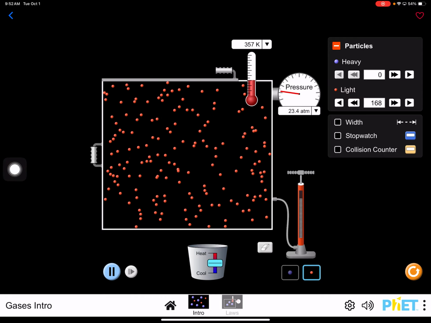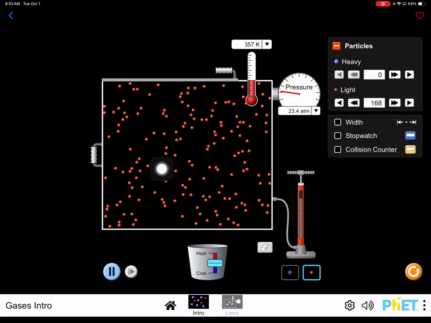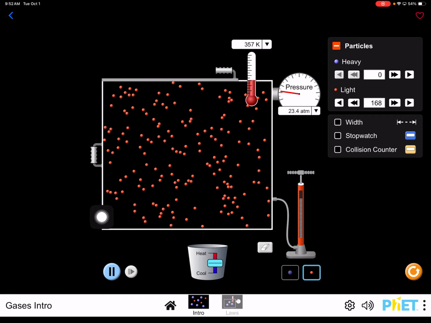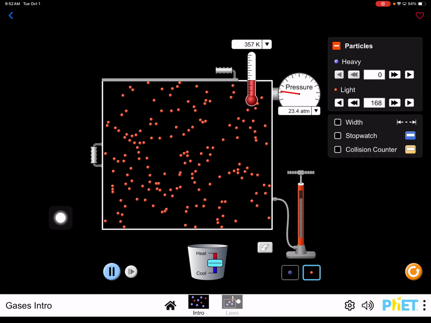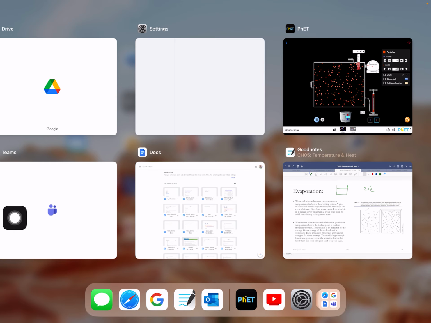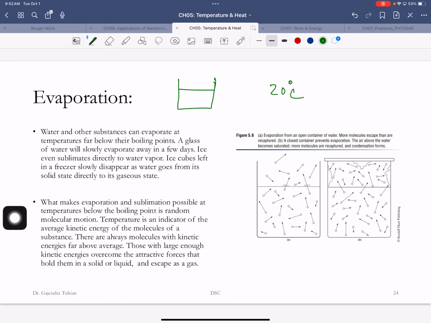So at any given temperature, there are gas molecules moving. Some are fast, some are slow. The temperature measures the average kinetic energy. Just like that, coming to this water, all these water molecules are also moving. They have random speeds, and some of the fast ones will escape. And that's evaporation. Well, there are water molecules in the air as well, and some of those are hitting and coming into the cup of water. Evaporation is when more are escaping than coming in.